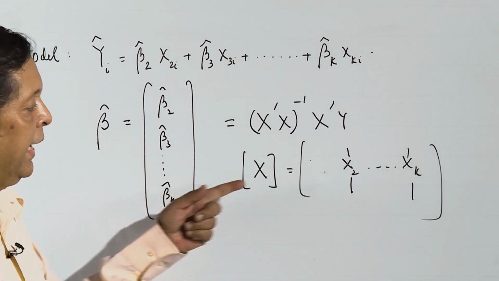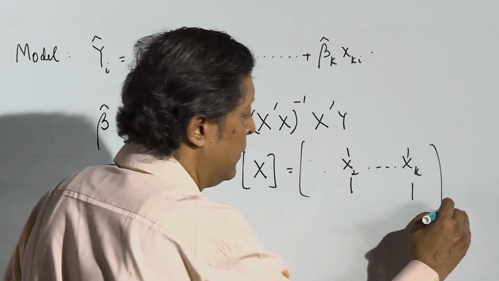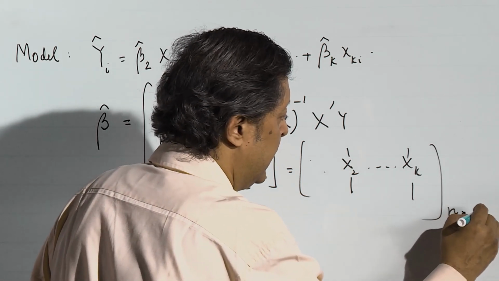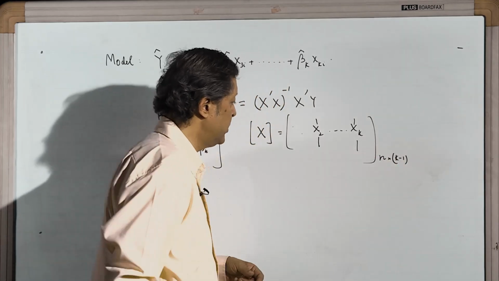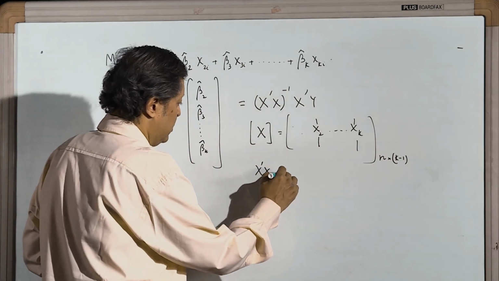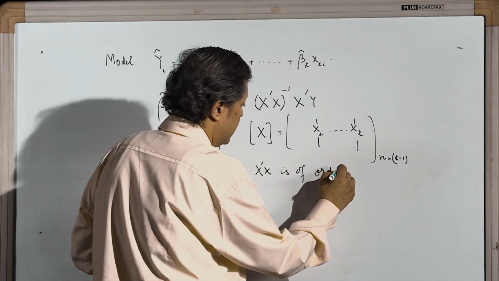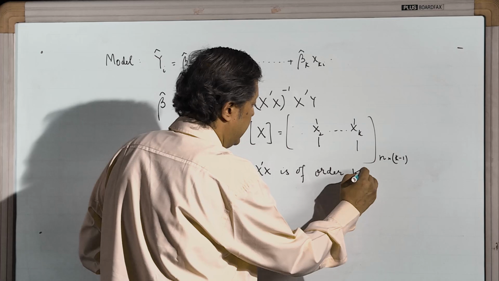So, earlier we had n observations, n rows and k columns, but now we have n rows and k minus 1 columns.